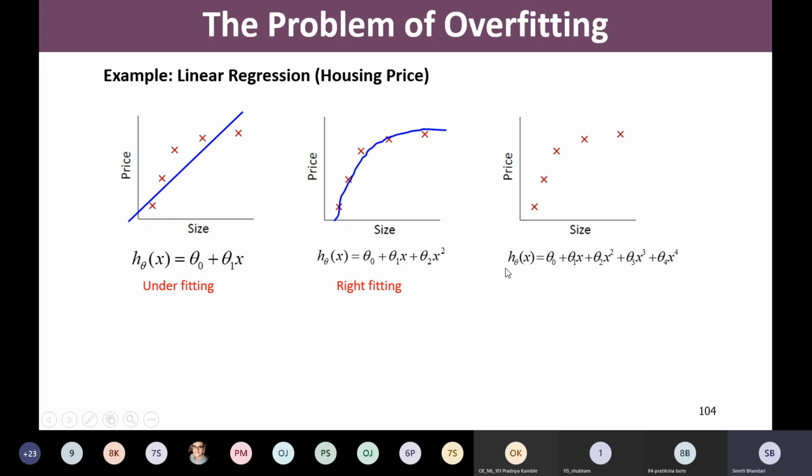So this is a fourth order polynomial. If we try to fit this fourth order polynomial, then we may get something like this, right? And in fact, if we look at these data points, all the data points are aligned with this hypothesis. Every point is exactly on the hypothesis.